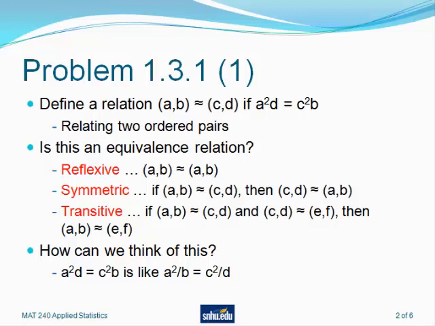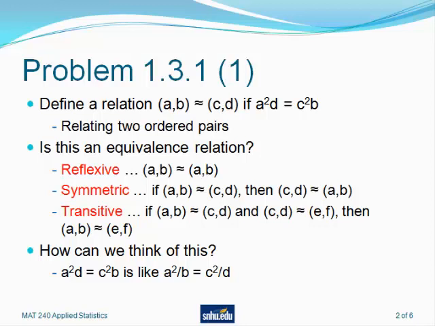Why could this possibly be true? Let's think of it in a normal way. We cannot use this way for the proof, but we certainly can think of it this way to justify our thinking. A squared D equals C squared B is like the two fractions A squared over B and C squared over D to be equal.